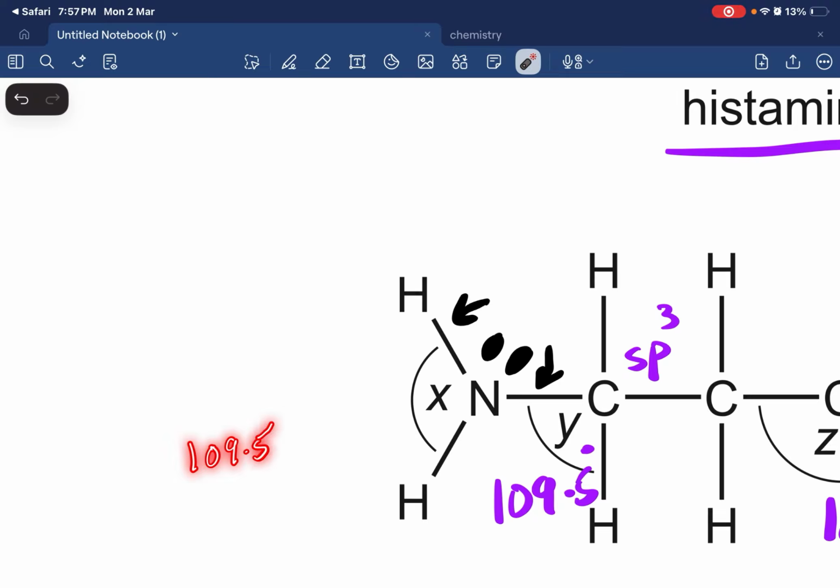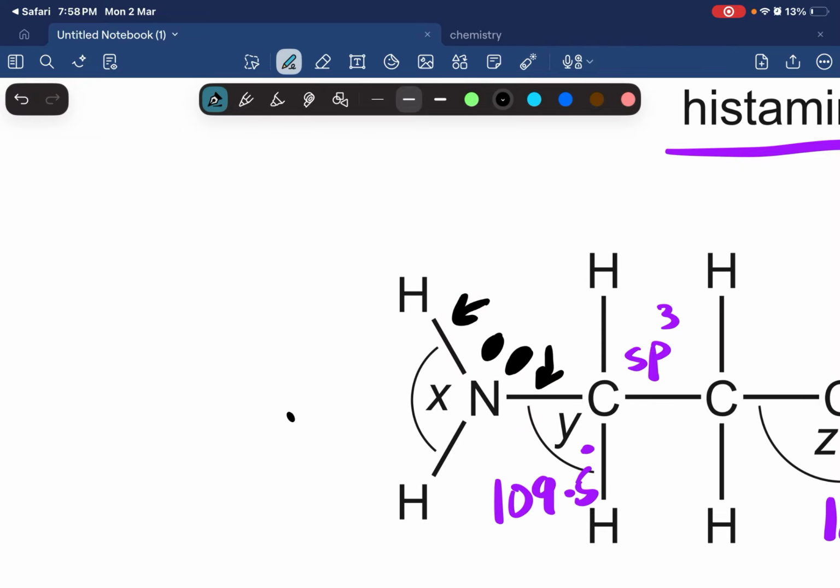But now we have a lone pair here, which is going to push this more downwards. So minus 2.5. That's 109.5 minus 2.5, 107. So it's going to be 107 degrees. We subtract 2.5 because of this lone pair that's pushing them down.